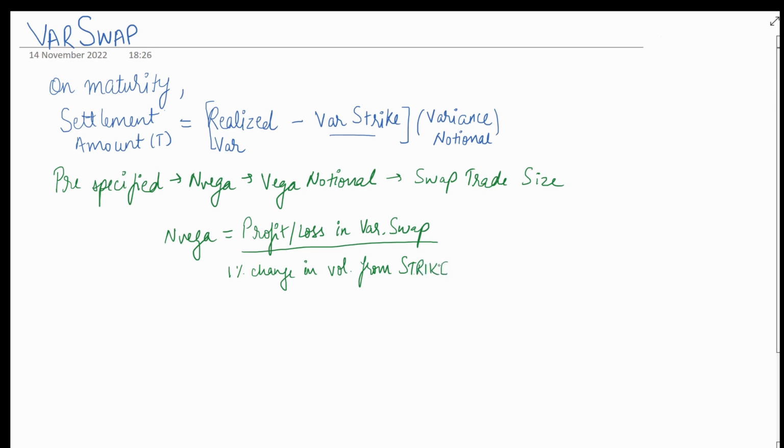But as you can see, in the formula for the settlement amount, we are using variance notional and not Vega notional. So where does this variance notional come from? Variance notional is equal to Vega notional upon 2 into strike price.